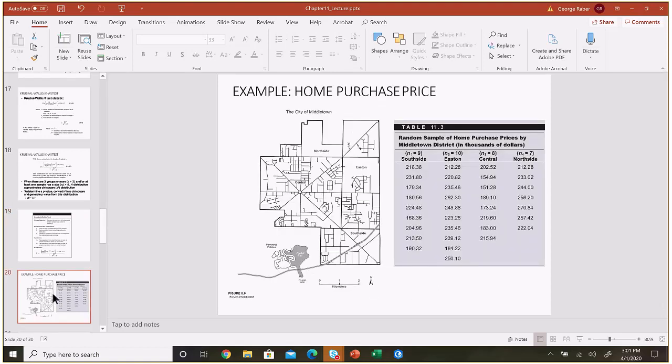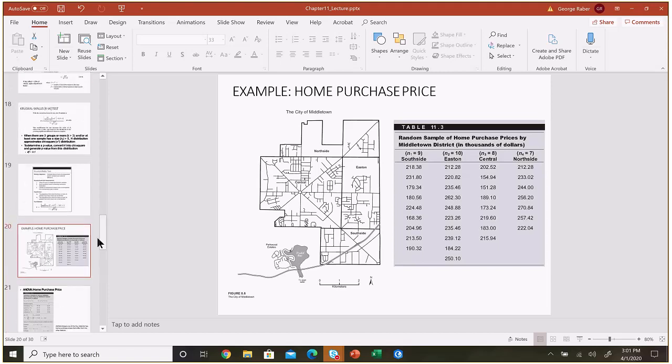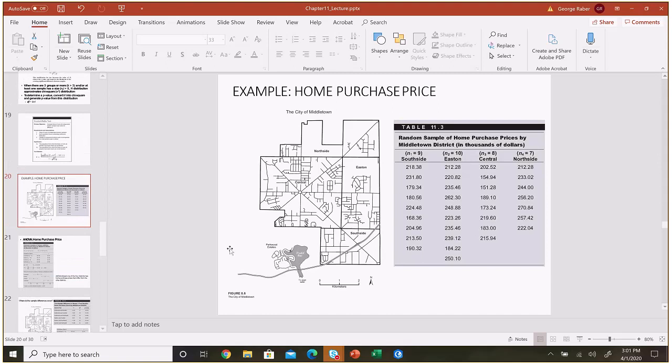Okay, so here is an example of using both. In this one, we're going to use both the Kruskal-Wallis and the ANOVA to test. We've got these four groups. Notice again that the groups do not have to be the same size. We have different size groups.